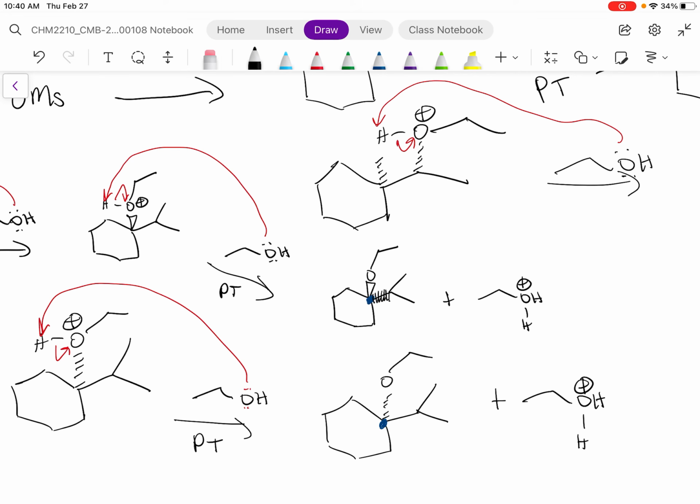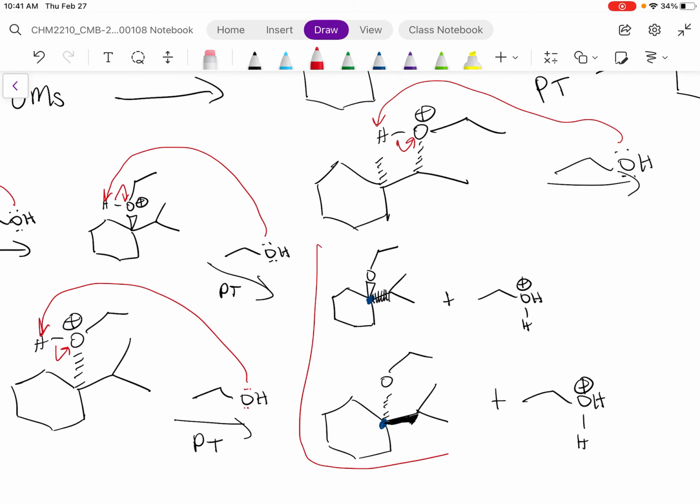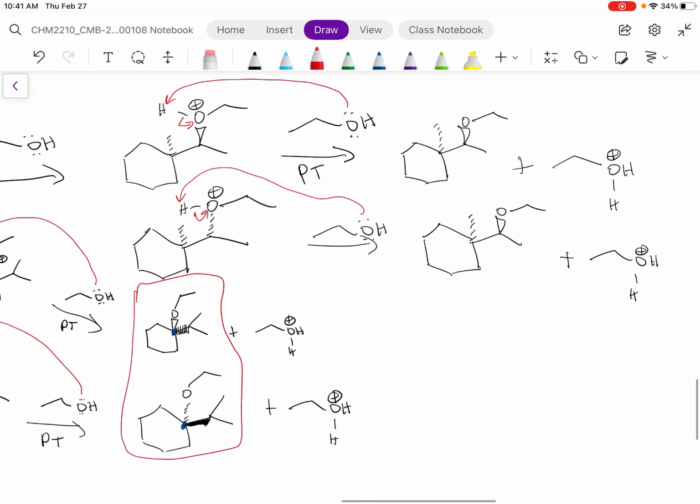And with the one below it, that would have to make this guy the wedge. So now we are showing the proper stereochemistry. And so these guys right here would be the major product. We would have a racemic mixture, those as the major product. And then these right here would be the minor product.